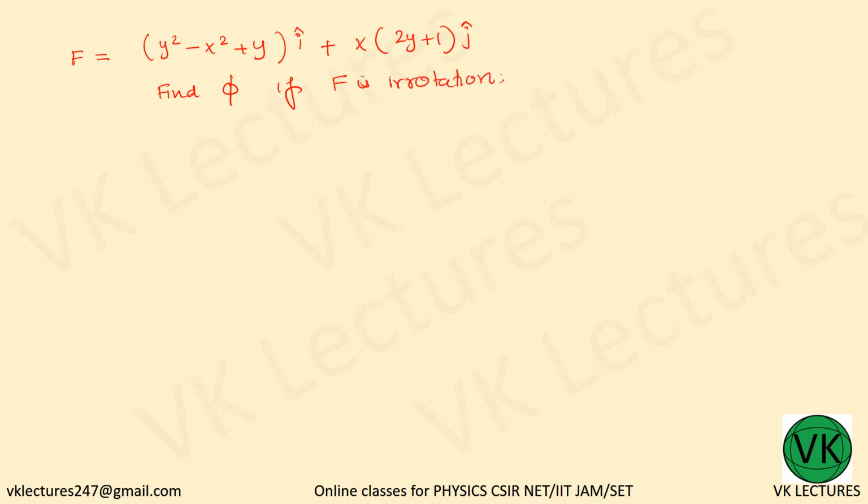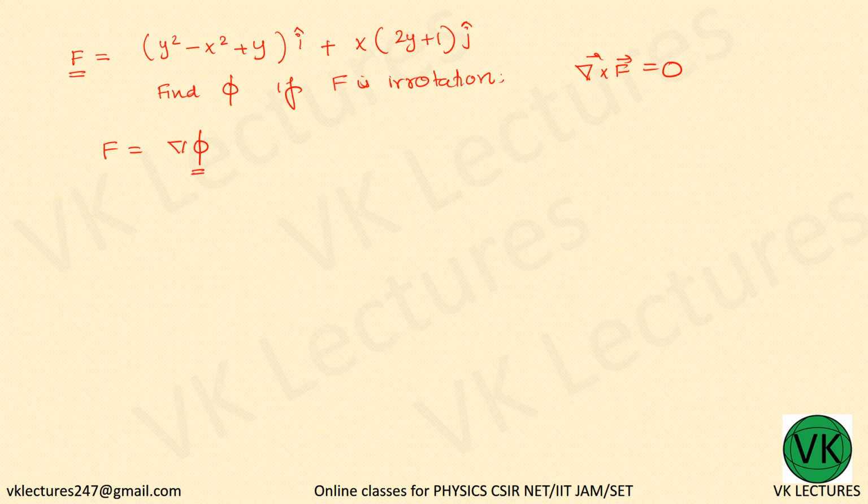So if F is irrotational, what can you write? Del cross F equal to 0, right? So F is already given, so F is equal to del phi.